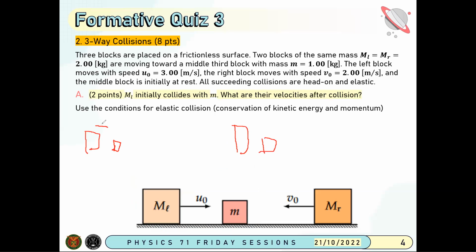So ito meron siyang u naught. Ito meron siyang v naught. Kung ano man yung v naught niya. Sabihin na lang natin w. Kasi v naught pala. W naught. Right? And then sa final meron tong uf. And then meron din to wf.